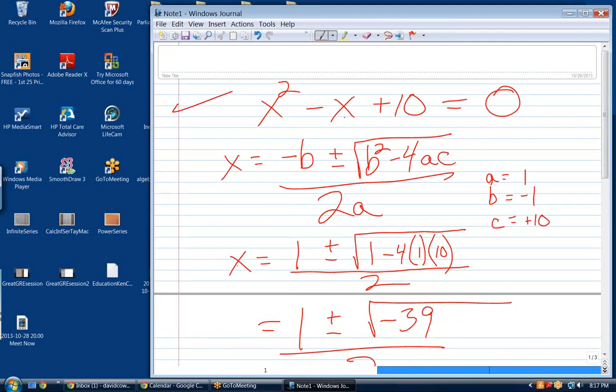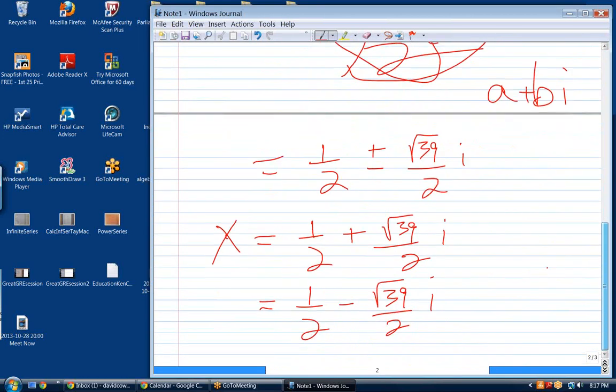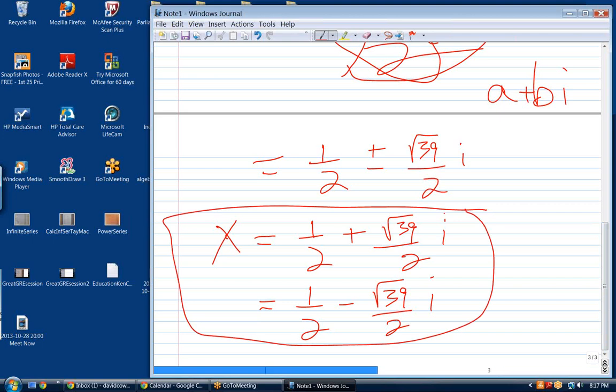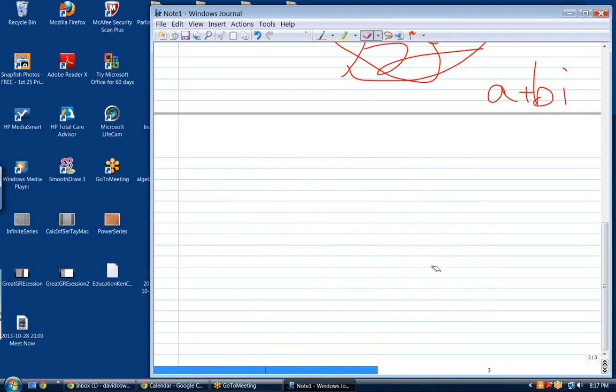The only values that make this true are these two complex solutions right here. Okay, so the only real trick is turning square roots of negative numbers into i and simplifying. So let's do a few of those. How about this one?